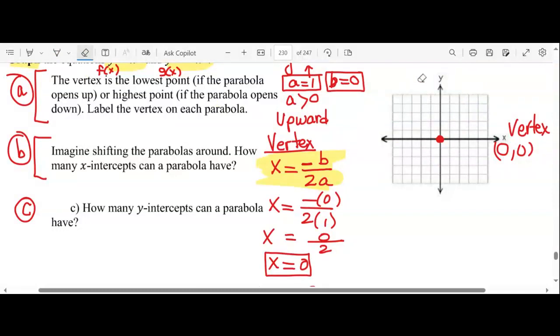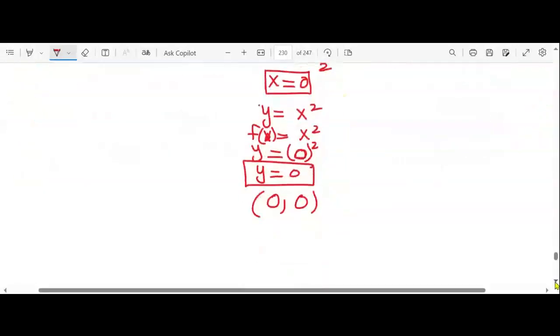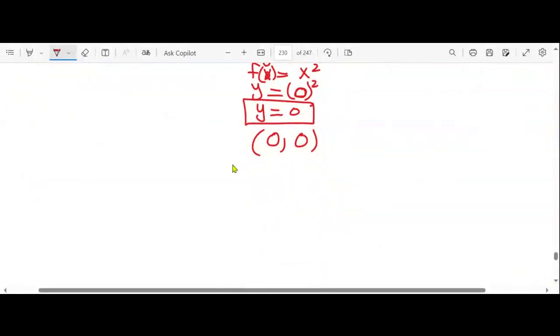Now, this is the vertex point, but I need to find the x-intercept. How can I get the x-intercept? You let y equal 0, right?